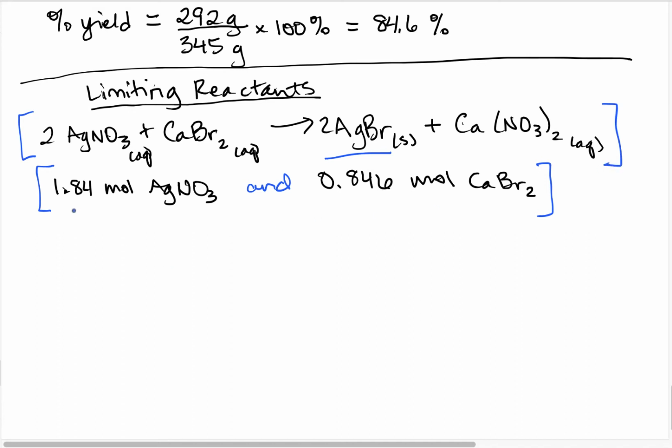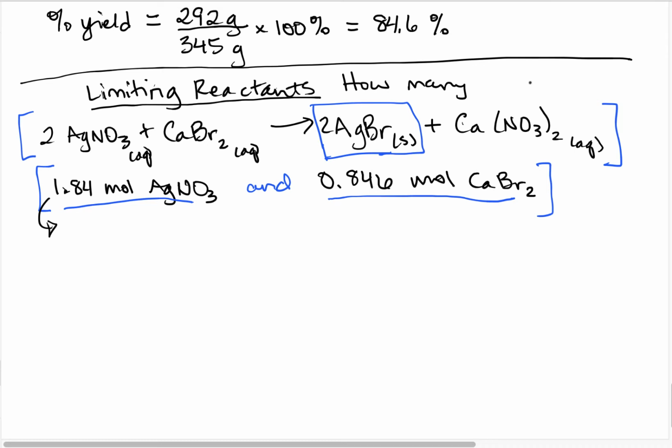So what we need to do is now figure out how much of our product, these are like our chocolate chip cookies here, how much of our product we can make if we used up all the silver nitrate, and then to compare it to if we used up all of the calcium bromide. Now, in our previous video, we actually already calculated this. We calculated the grams. So we'll say, how many grams of AgBr can we make?